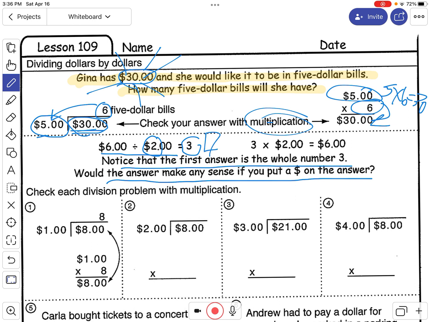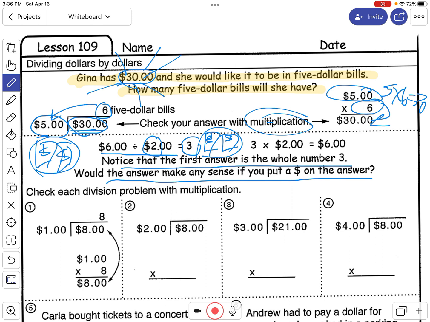So this is a dollar, and this is a dollar. That's one group right there, see? And then I'll go over here. Here's another dollar and another dollar. Those are some pretty ugly dollars. There's a second group.